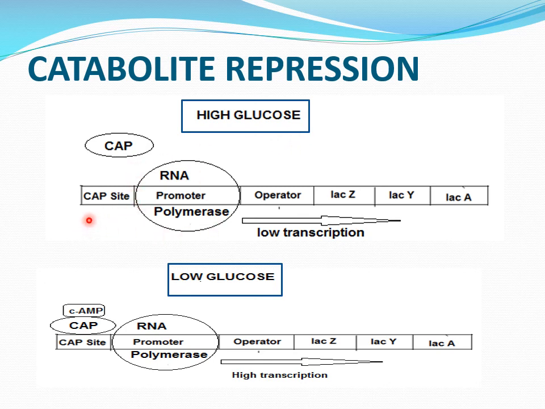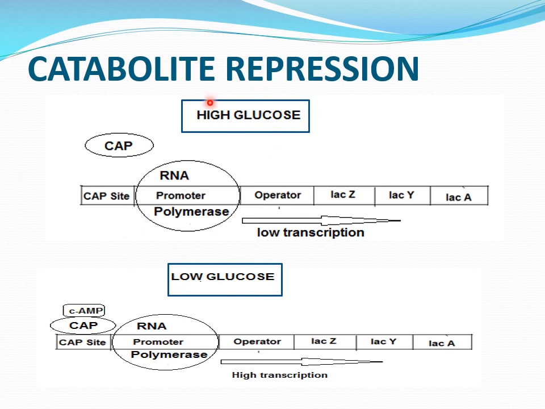This catabolite activator protein is also known as the cyclic AMP receptor protein, or the CRP. This cyclic AMP is produced by an enzyme adenylate cyclase, and the glucose suppresses the activity of this enzyme adenylate cyclase, which forms cyclic AMP.